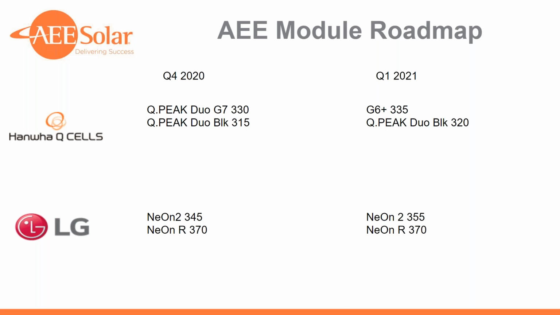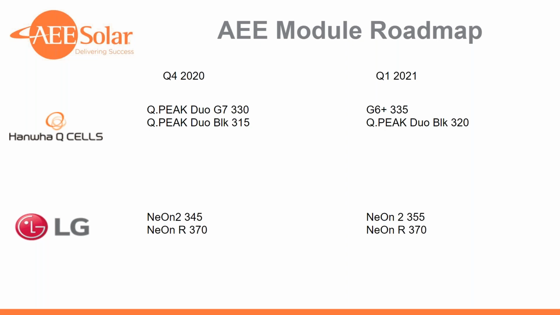So you're seeing the G5 and the G7 in anywhere from a 315 to a 330 watt class. We'll be introducing the G6 Plus 335. So that is one of the modules coming out of that US facility in a 335 or even 340 black and white format. And we do hope to continue having the G5 Duo Black 320 into Q1 2021.